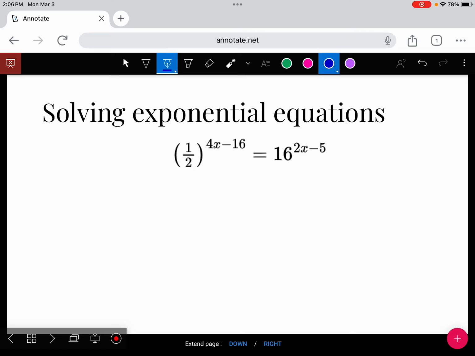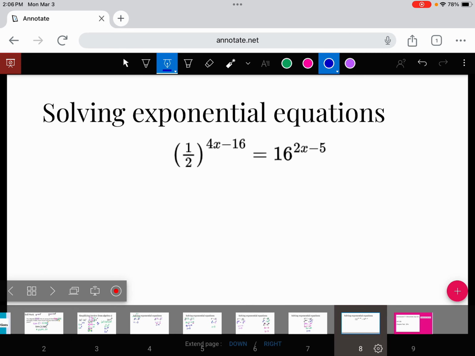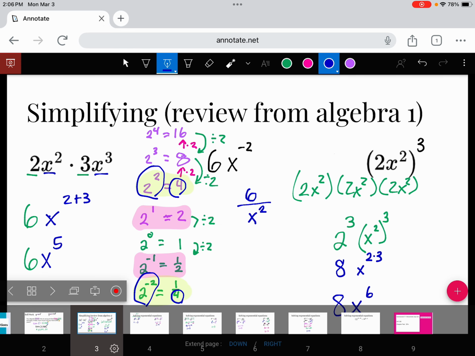What kind of base do we think 1/2 and 16 might have in common? 2. We did our list of 2s earlier. Is 1/2 on the list of 2s that we looked at? Is 16 on here?